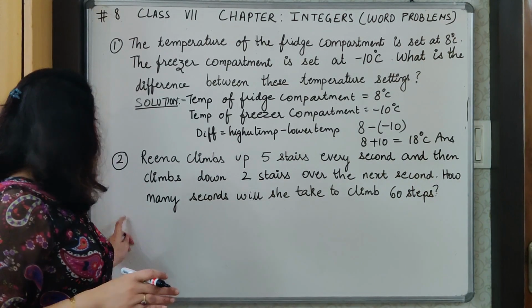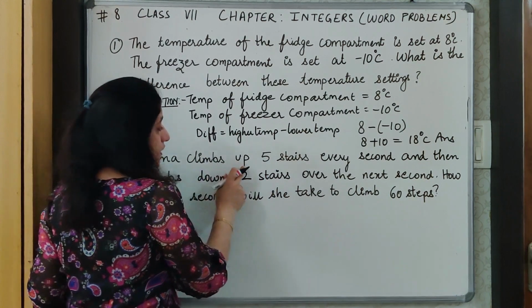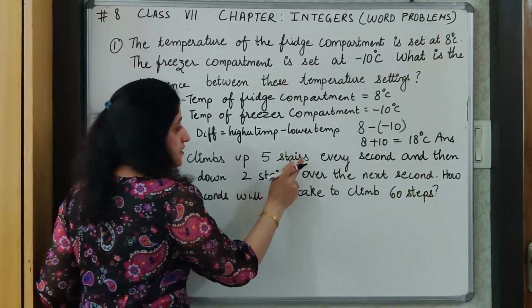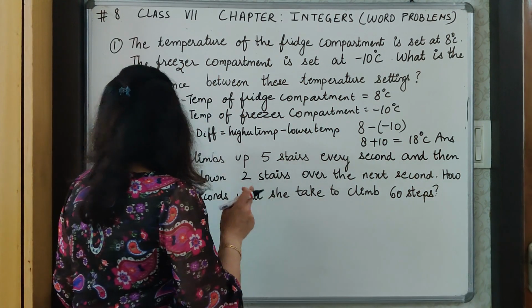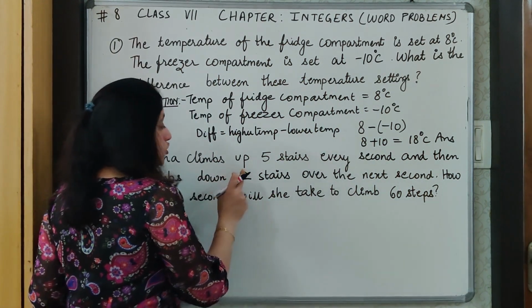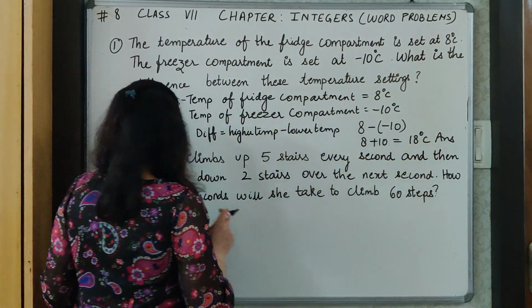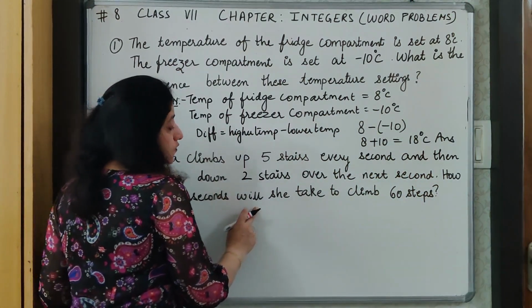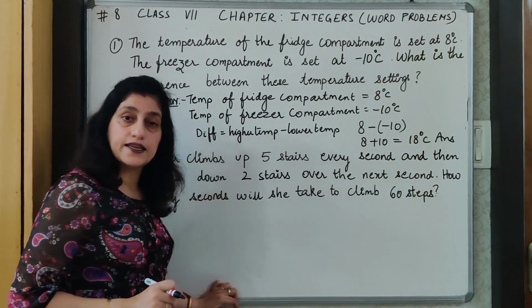So now we proceed to the next word problem. Reena climbs up 5 stairs every second and then climbs down 2 stairs over the next second. How many seconds will she take to climb 60 steps?